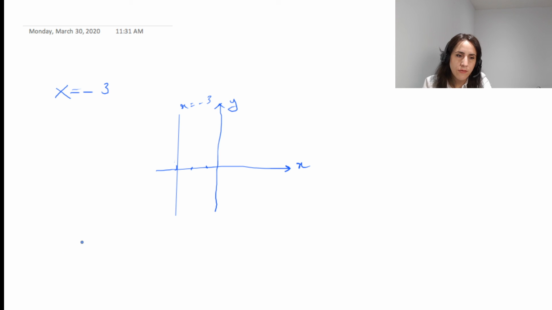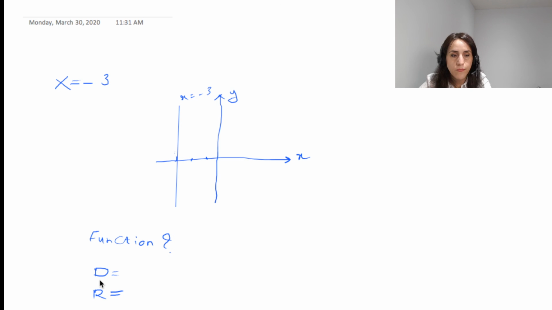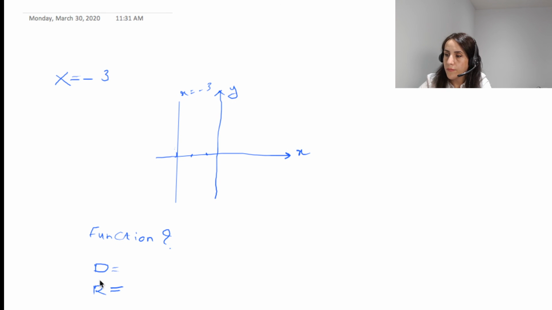Now tell me, or think about whether it's a function or not. This one, as you could see here, doesn't pass the vertical line test.